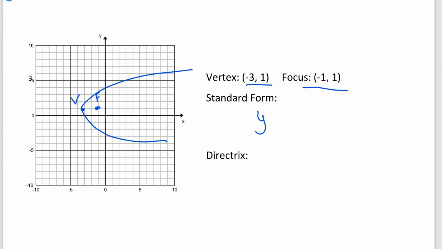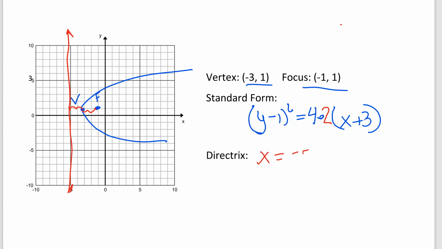So we'll have (y minus 1) squared equals 4 times, we've got to figure out that p-value in a second, (x plus 3). The p-value is the distance from the focus to the vertex, and that is a distance of 2. The directrix would be a distance of 2 as well out here, and that's the equation x equals -5.